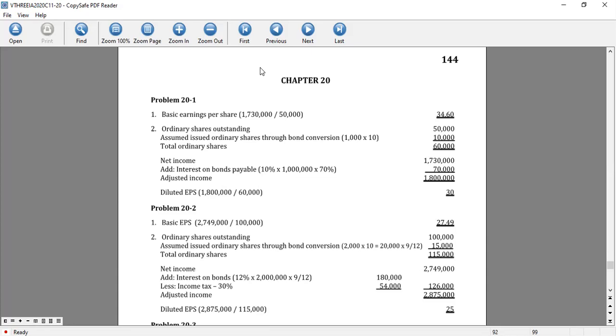Now, in chapter 19, mention was made about the two types of earnings per share, basic earnings per share and diluted earnings per share. With the diluted earnings per share, we have to consider anti-dilution and dilution.